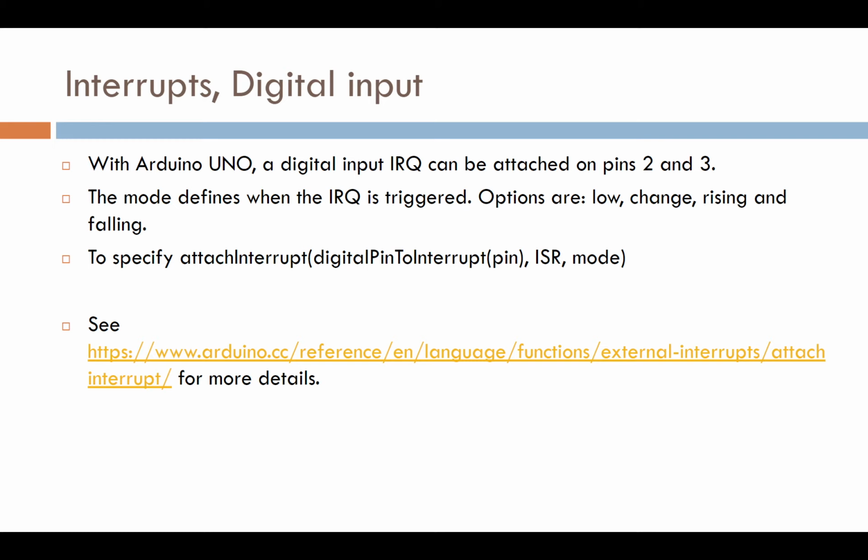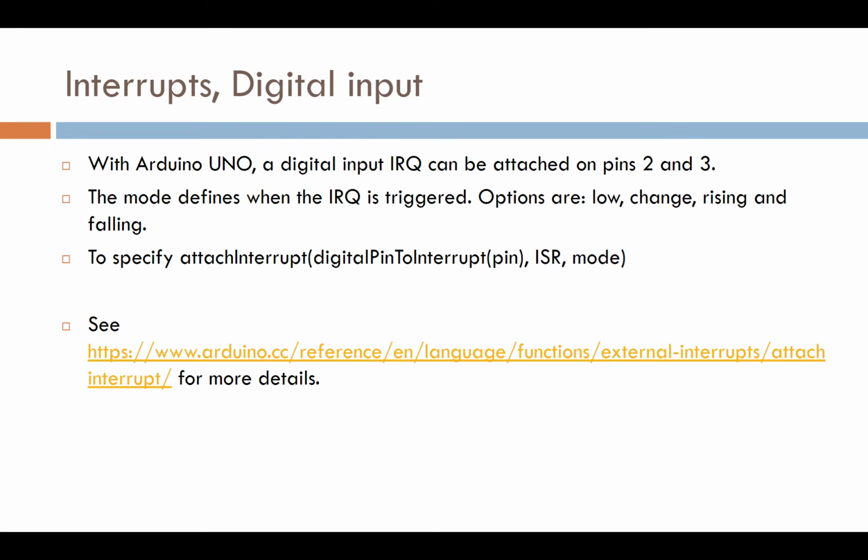A button interrupt is used mostly when you want to know if the button was pressed or not. Anyways, change, meaning both pressing and releasing, will give the interrupt.